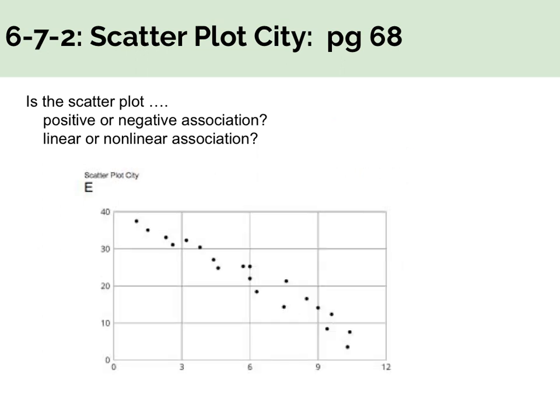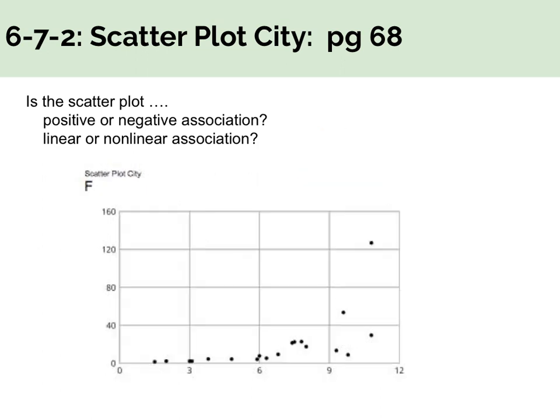Positive, negative, or no, and then linear or nonlinear. So this is negative because it's going down the hill, and this is linear because you can put a straight line through all of it. Positive, negative, or no, linear or nonlinear. This is a positive association.